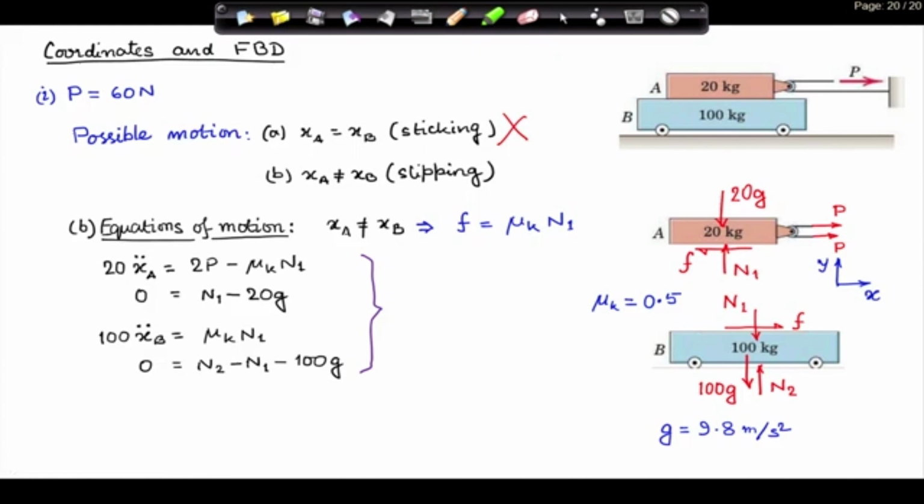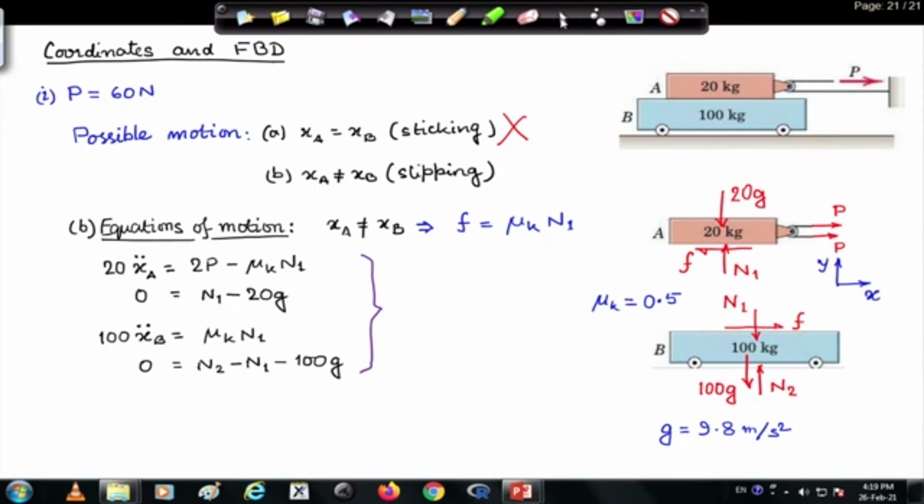And in the vertical direction for the 100 kg block, there is no acceleration, therefore, it is a balance of forces. N2 acts vertically upwards, N1 acts vertically downwards, as you can see from the free body diagram, and the weight, which is 100 g, is vertically downwards.